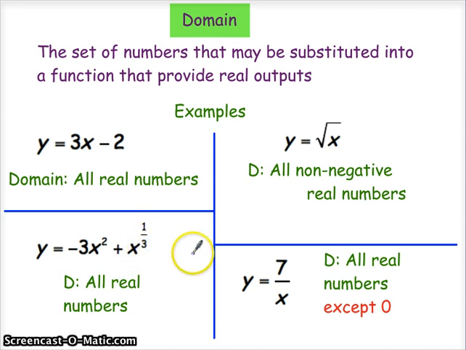You're going to get real answers back. However, with square roots, remember that our domain would only be all non-negative real numbers, or as we would often say, x just needs to be greater than or equal to 0. And then for division, basically any number works except for 0. Remember, you can't plug in 0 into the denominator of a function.